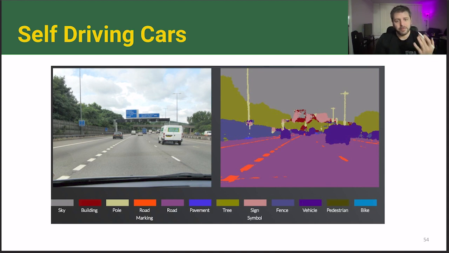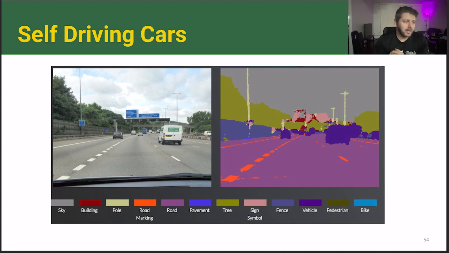So if we have a camera at the front of a car and it needs to be able to split the actual image that's been taken, which we see on the left here, and then divide it into what is actually another car, what is a potential road marking sign, a pedestrian, a bike, for example, and be able to use this information in order to more successfully learn how to navigate and be sensitive to potential danger areas.